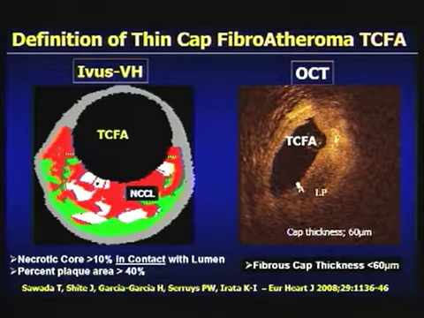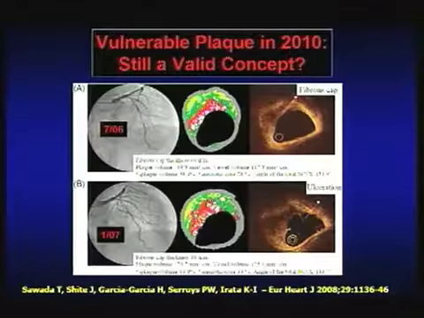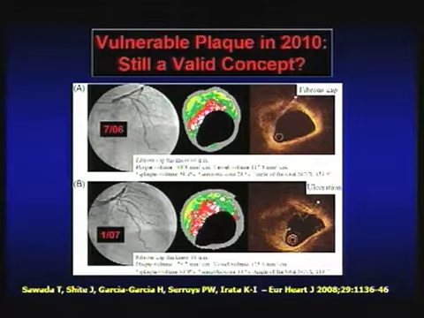This is very important, and is highlighted in this slide, in which you see in the upper panel a thin cap fibroatheroma imaged about 6 months before, and an acute coronary syndrome from the same plaque with progression both angiographically and by OCT. You can see in the lower right corner the plaque rupture clearly shown in the slide, with embolization of the necrotic core.